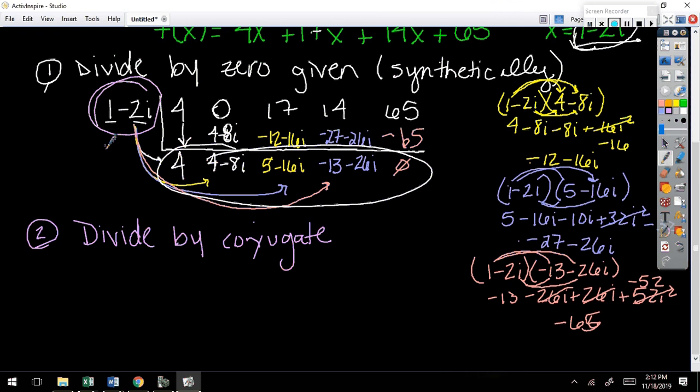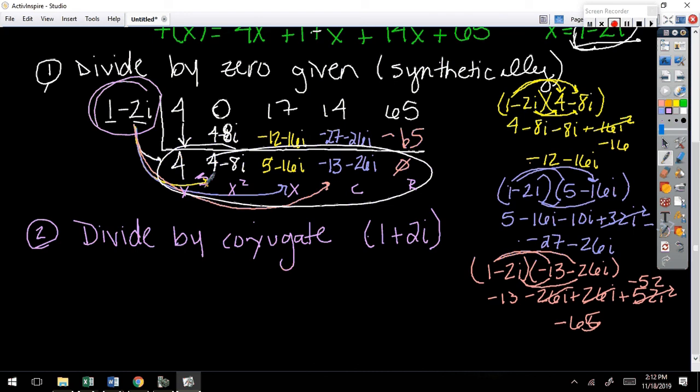I can hear y'all groaning from here as you think about having to divide this again, but we are going to need to, because there's really no way for me to get this into a factorable enough form that I would be able to actually find the other zeros.